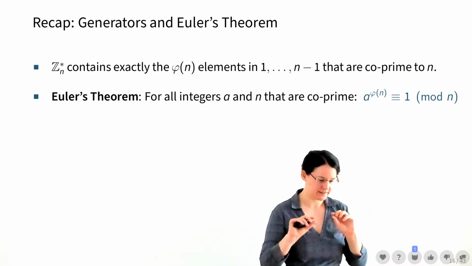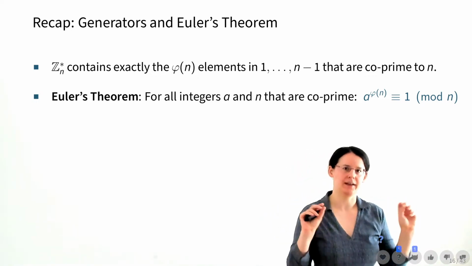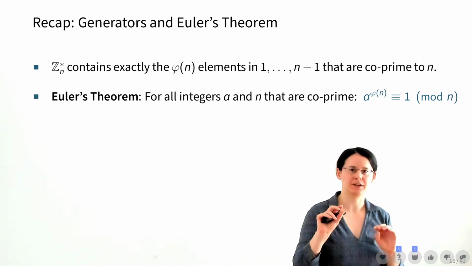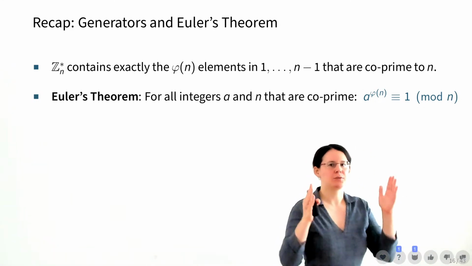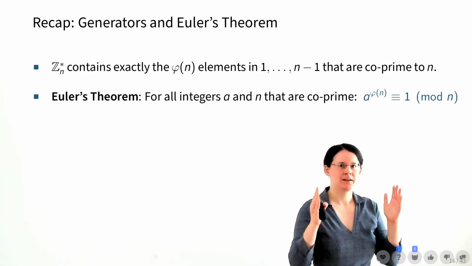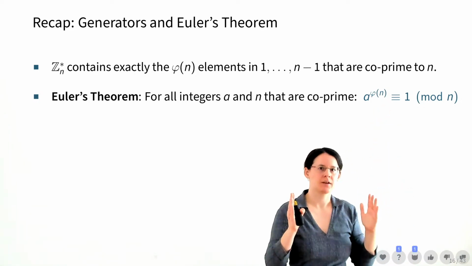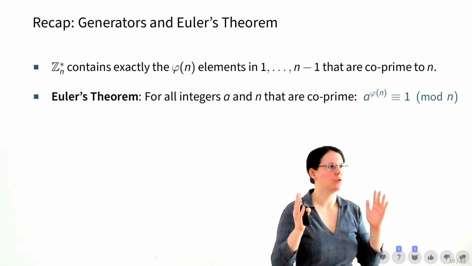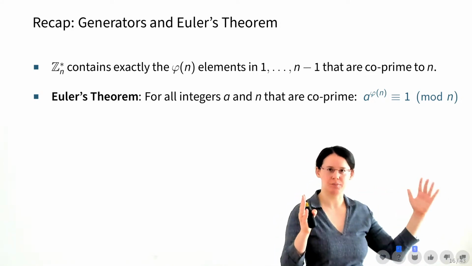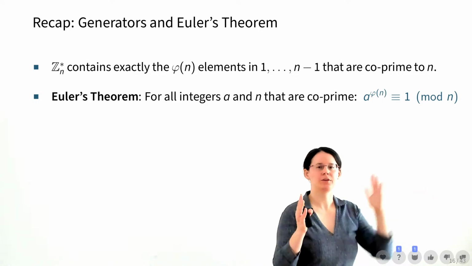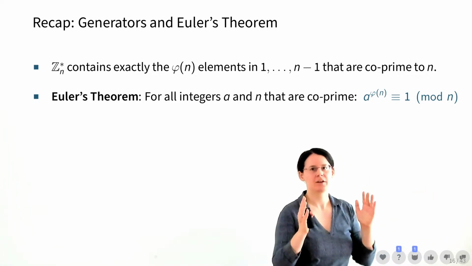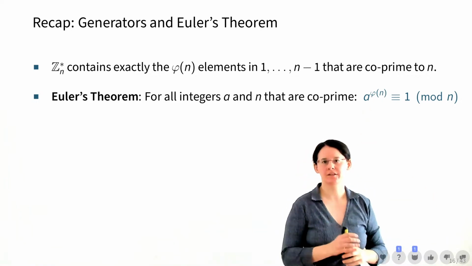So this means that if we look at the powers of a number, like a squared, a to the power of 3, and so on, this starts repeating after a certain time, and in particular it repeats after phi of n values. So this means we can ignore the effect of any larger exponent and can simply reduce the computation to a computation with an exponent smaller than phi of n.